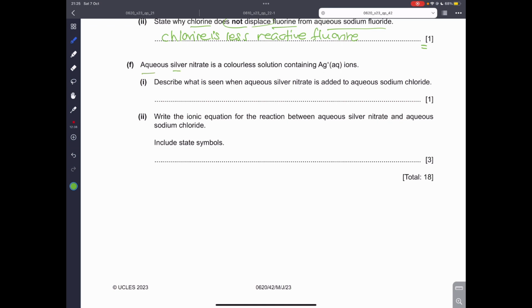Aqueous silver nitrate is a colorless solution containing silver ions. Ag, remember, is silver. Describe what is seen when aqueous silver nitrate is added to aqueous sodium chloride.